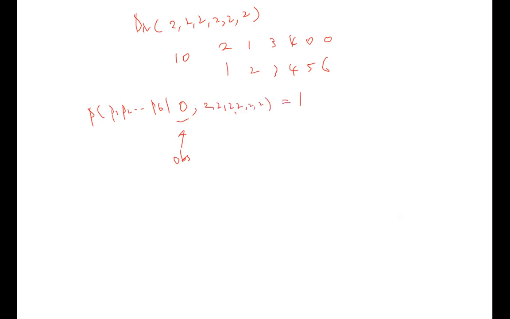Of course, this will be a Dirichlet. So what will be the parameters here, like A1 tutor, A2 tutor? Or maybe I just ask you, what will be A1 tutor?